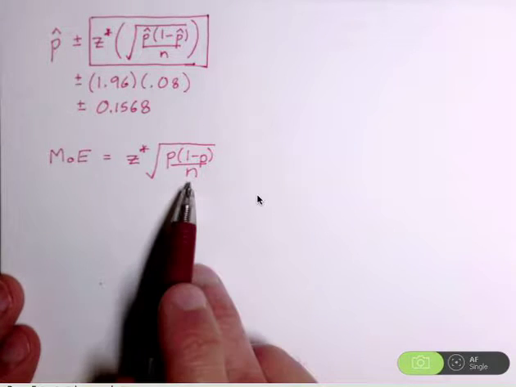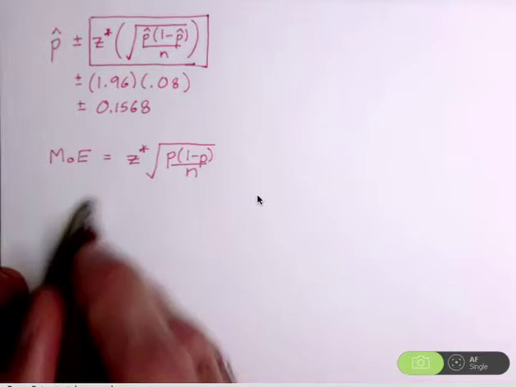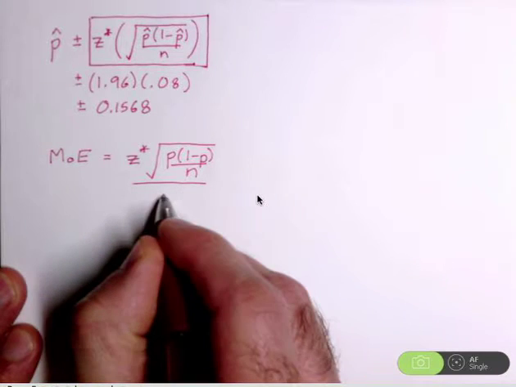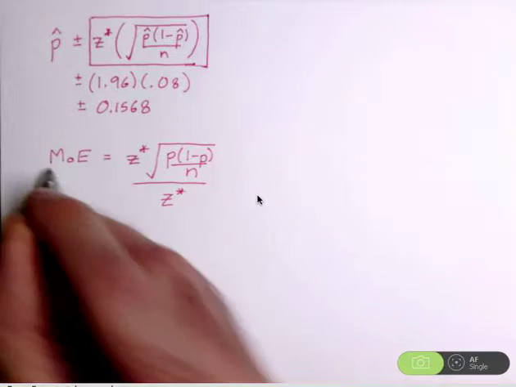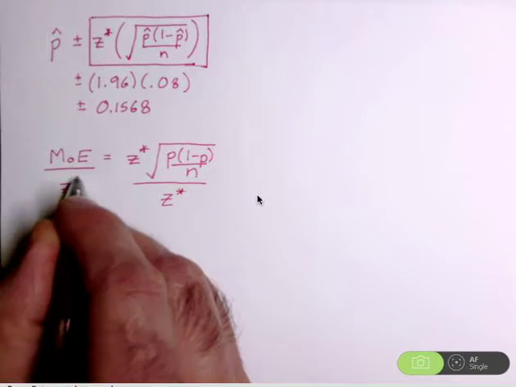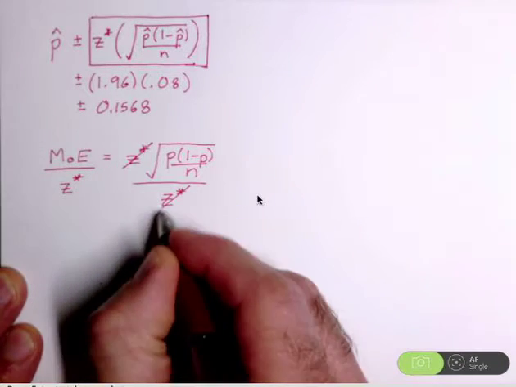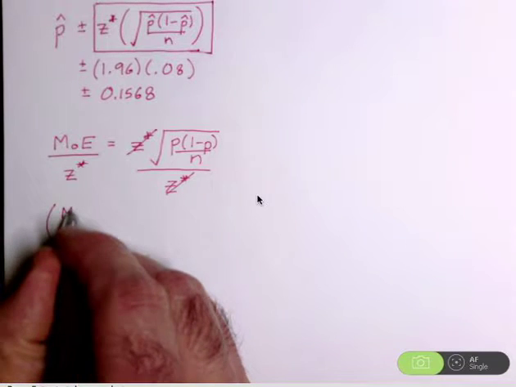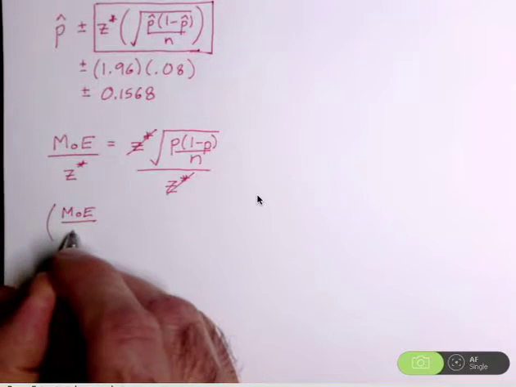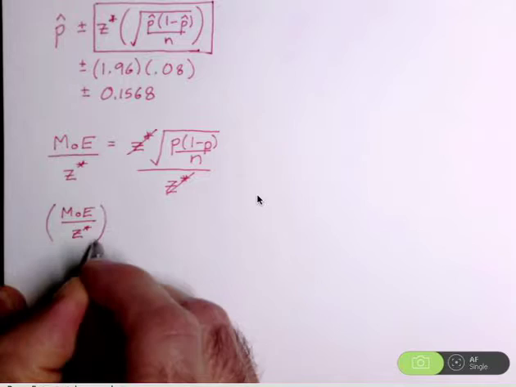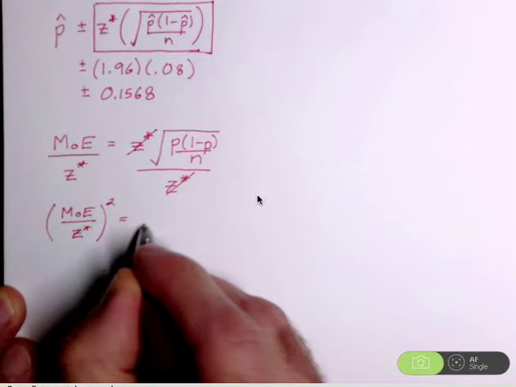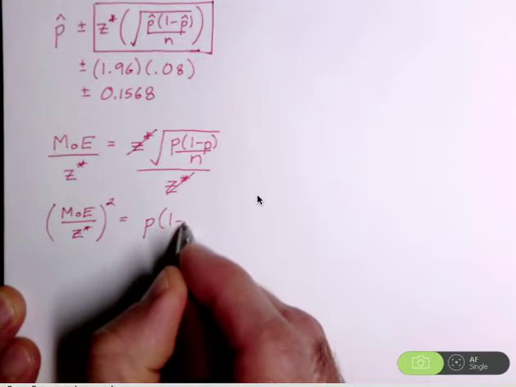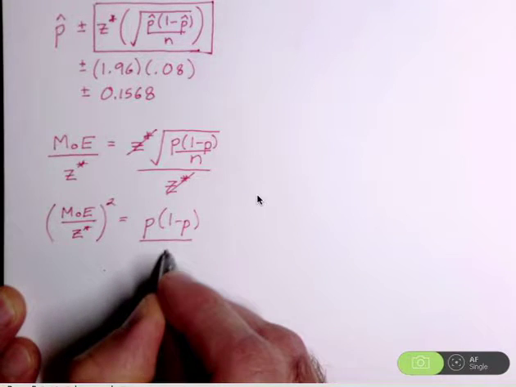So let's solve for n. We'll divide by z star, we'll divide by our critical value. So the next thing we want to do is square both sides. So our margin of error divided by our critical value, if we square that, that gives us p times 1 minus p, all divided by n.